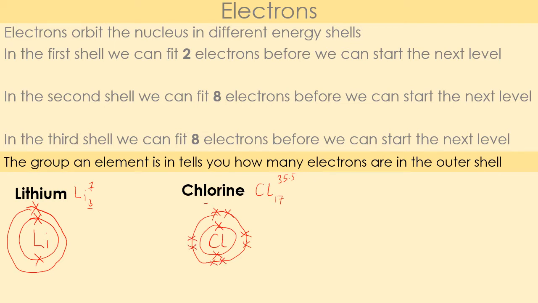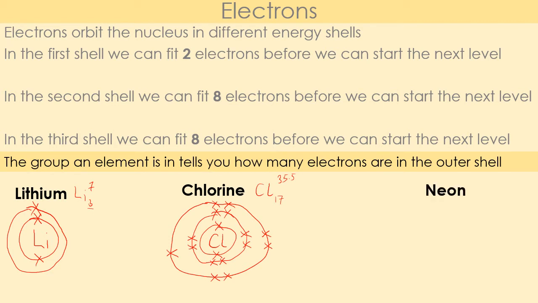And on our next shell after that, we need to get the rest of our electrons. So we've drawn 10 so far. I need to draw 7 more. Chlorine is in group 7, and we've got 7 electrons in our outer shell.